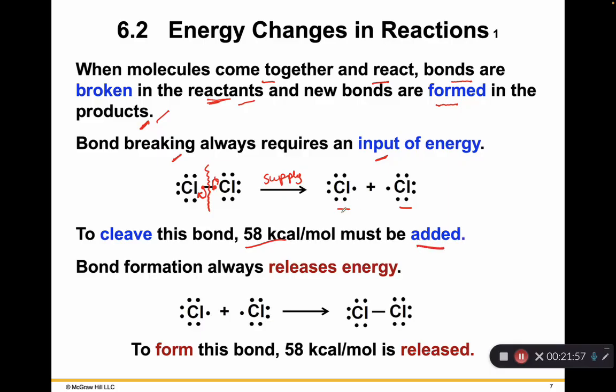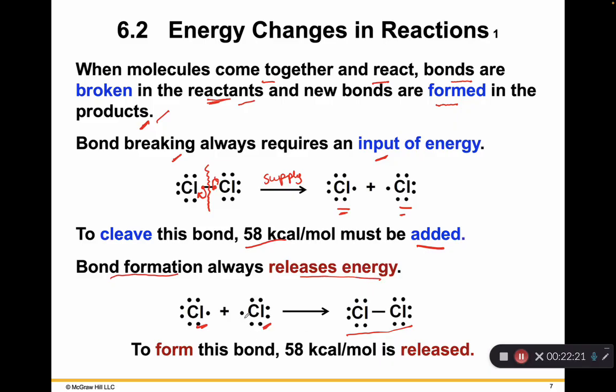Similarly, if you have two separate atoms of chlorine and you want to combine them, to make a bond between them to make a chlorine molecule, then whenever the bond forms, it will release energy.